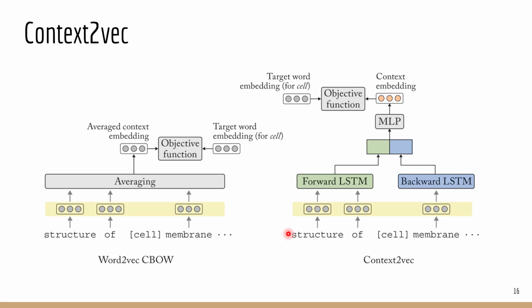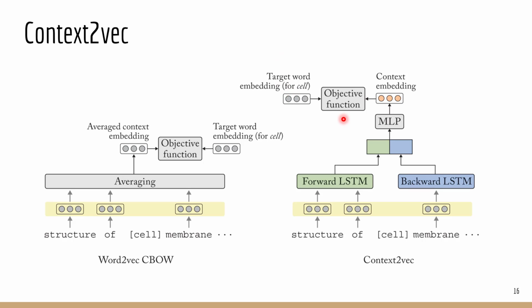Instead, context2vec used a bidirectional LSTM model, a recurrent model that is able to capture the relative positioning of the word or the sequential order of the input text. The idea here is to encode the context of a target word, which is "cell", and to make the encoded representation of that context close to the target word embedding, which is "cell" here.